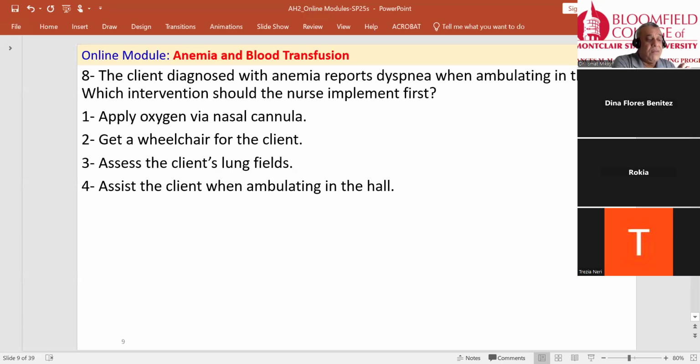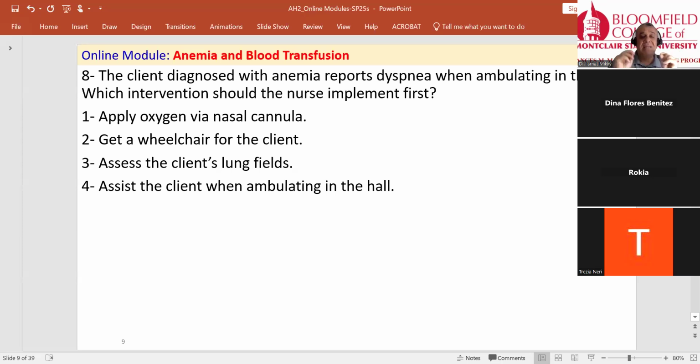When you look at number 4, assess the client when ambulating in the hallway, even if we try to assess the client ambulating, the patient still will not have the needed oxygen for the tissues. We're not going to help the patient's tissues and cells get more oxygen by assisting the patient to ambulate. If you analyze the question that way, you will get to the answer.